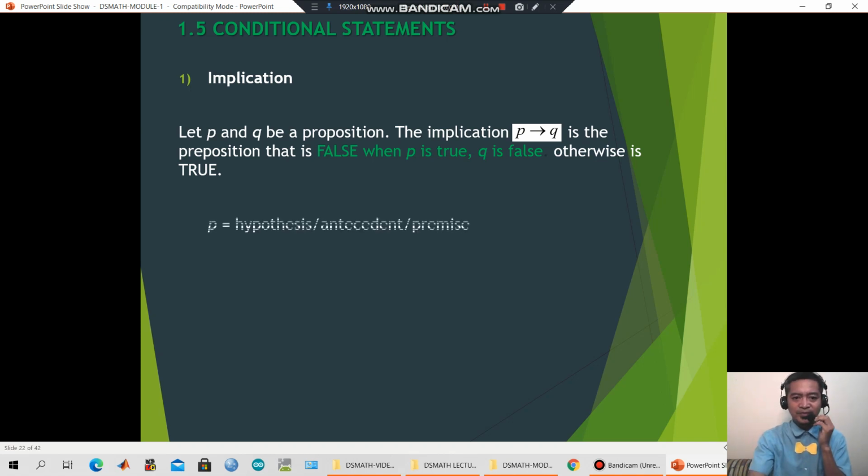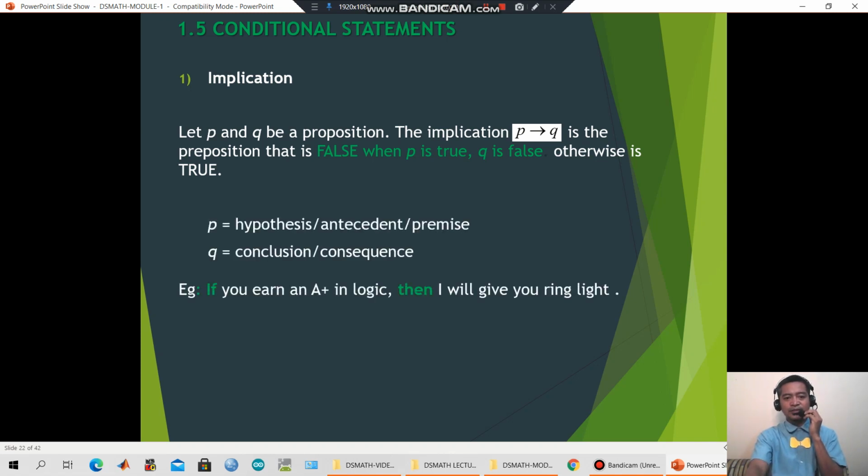Ayan. Okay, try natin ito. So usually the P is what we call the antecedent premise or hypothesis or a condition. And then meron tayong output, yung Q, yung consequence or conclusion. So kaya nga meron tayo dito ng if-then statement or compound proposition.